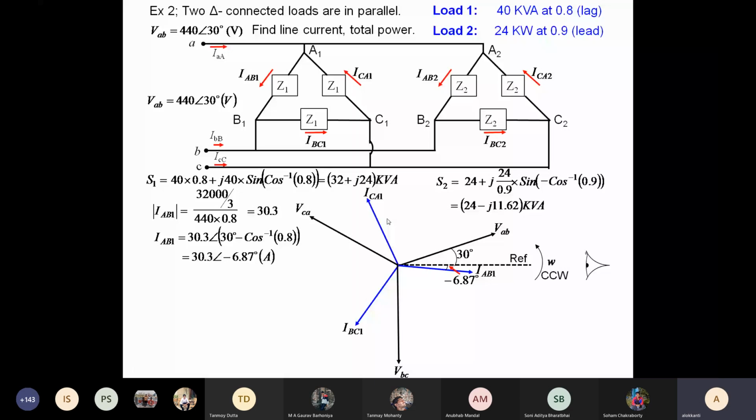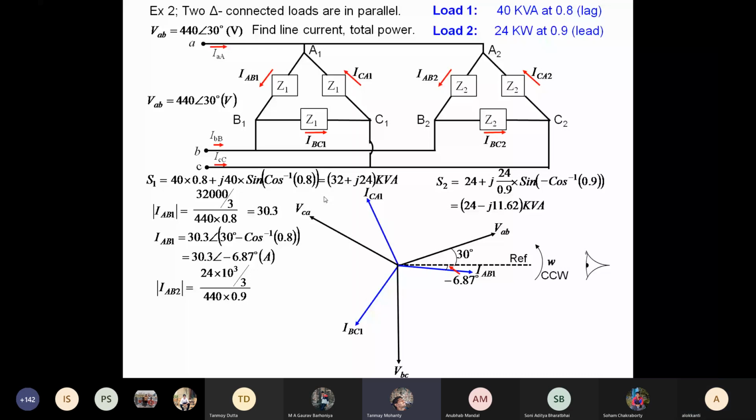Now, what is IAB2? Similarly, you can do IAB2, and there the active power is 24 kilowatts. So again the per phase power is 24,000 by 3, divided by 440, but the power factor is different, 0.9.